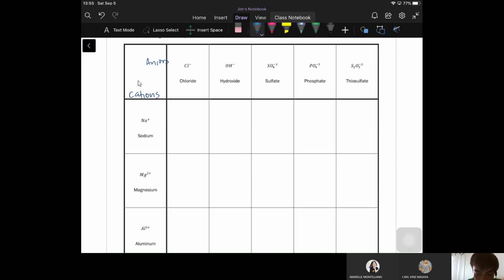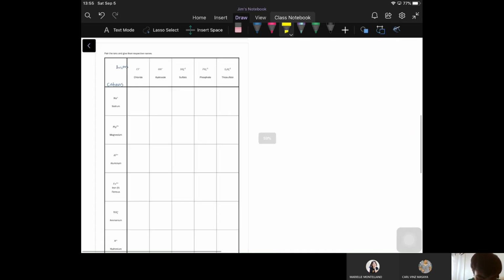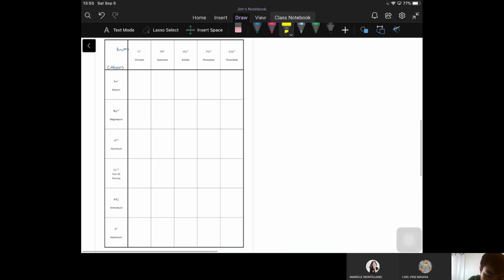And dapat tama yung formula. So ano yung mga sasagutan ko? Siyempre, madali, no? Medyo. Ito. Sasagutan ko yan. Lagyan ko na ng star yung sasagutan ko.